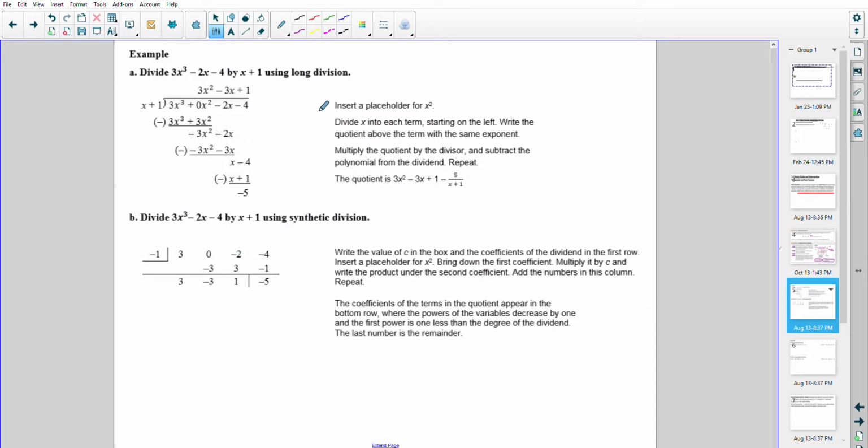This shows you an example of dividing longhand and dividing by synthetic division. So it's the same problem, but notice what happens. There is no x squared term, so there has to be a 0x squared in here, and there has to be a 0 as a placeholder here.